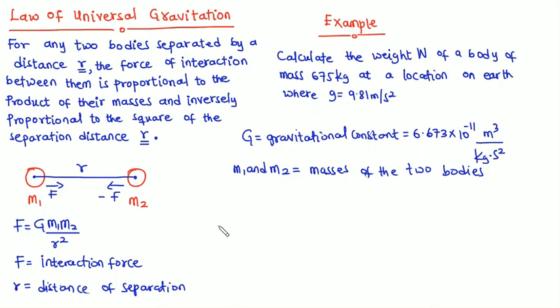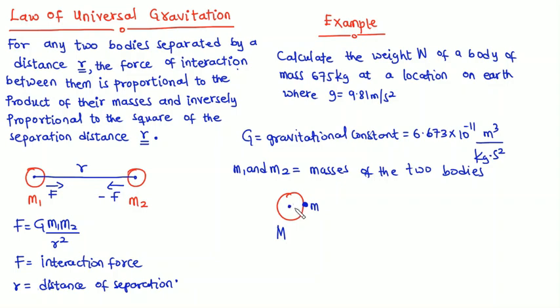It tells us the force of interaction between two bodies or masses that are at a certain distance apart from each other. Let's look at a special case where we consider the interaction force between an object on the surface of earth and earth itself. In that case, we consider an object to be on the surface of earth, where the mass of earth will be represented with capital M and the mass of the object on the surface of earth will be represented with small m.